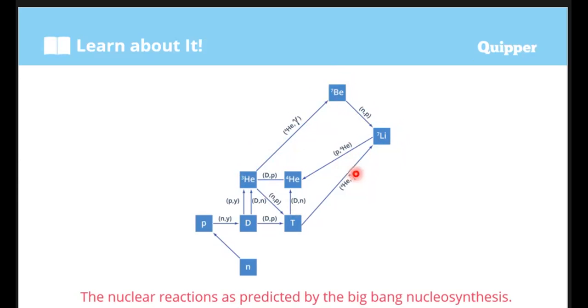So this is how the light elements in the universe are being connected, or how the formation of the light elements in the universe continues as it expands and expands.